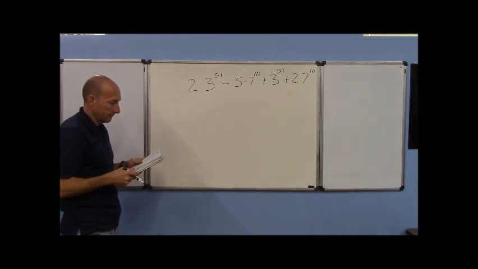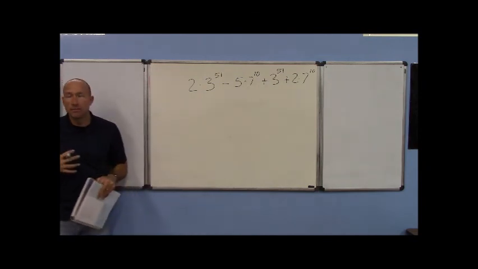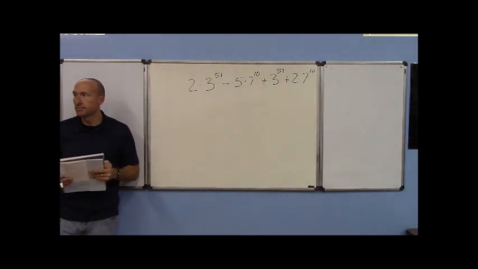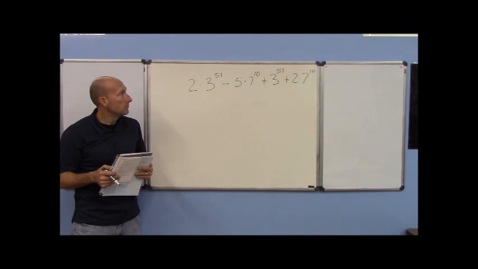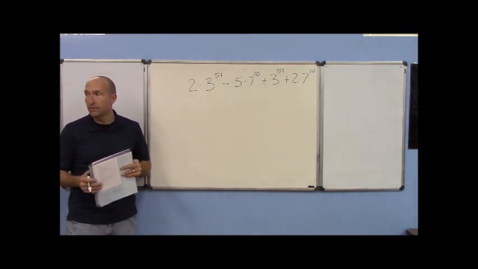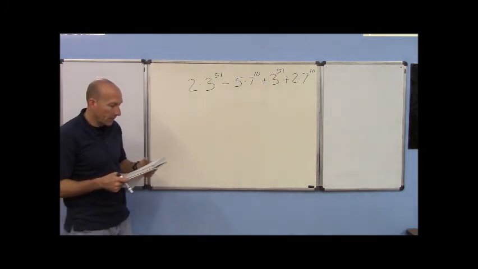So, can we combine, or can we identify like terms? All right, which ones? Okay, 7 to the power of 10. We see a couple of those, and what else? 3 to the power of 51.